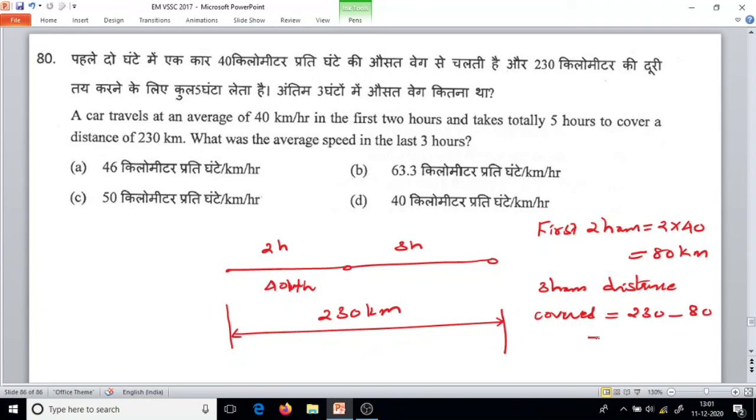If you subtract 80 from 230, you will get 150 kilometers covered in the last 3 hours. So in 1 hour he will cover 50 kilometers. No need of mathematics, we know it, it's a day-to-day life question. So the answer is option C, 50 kilometer per hour.